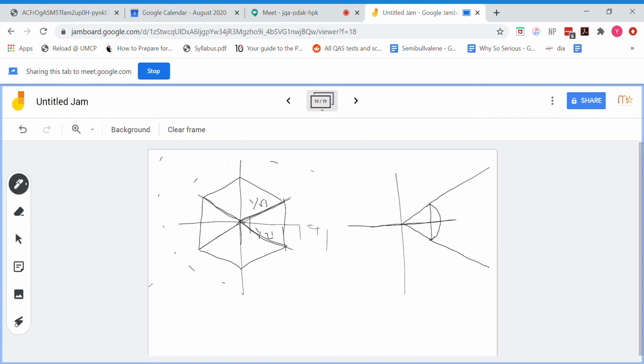If I draw the circumcircle of the hexagon, this circle is basically defined in polar coordinates by the function r equals 1 over root 3, correct?